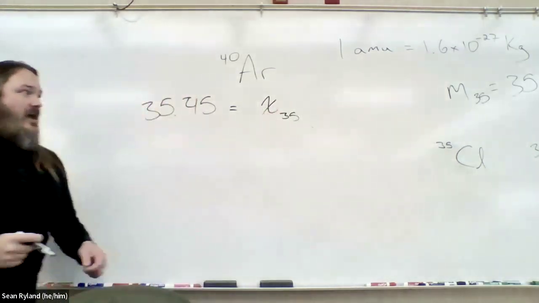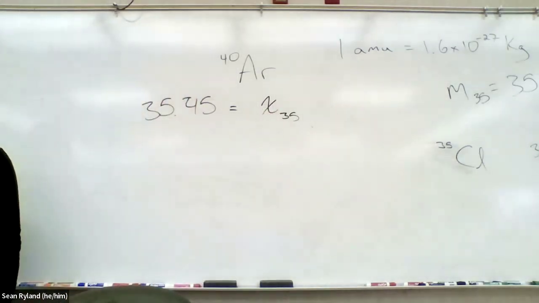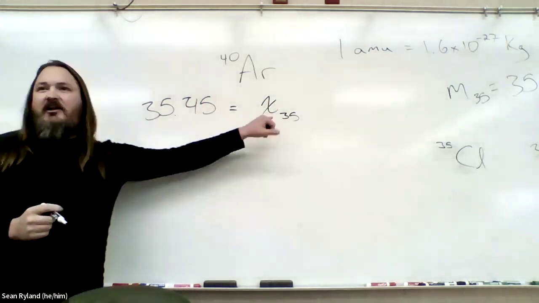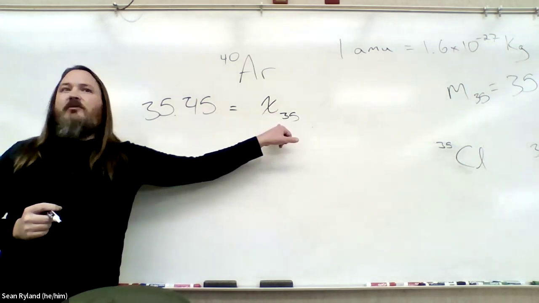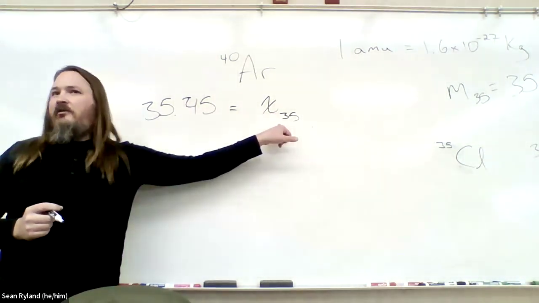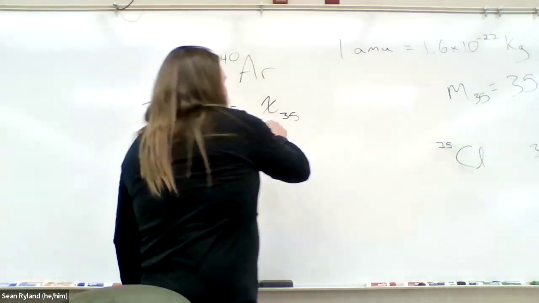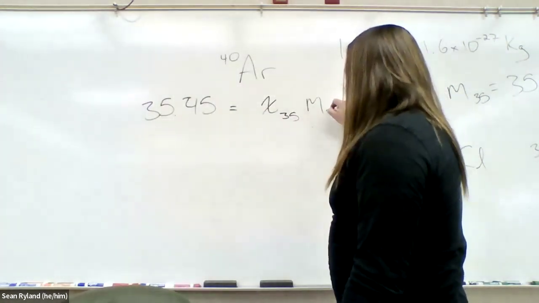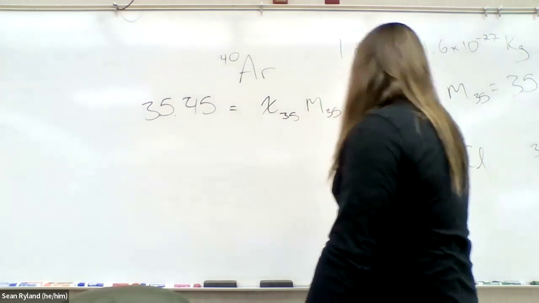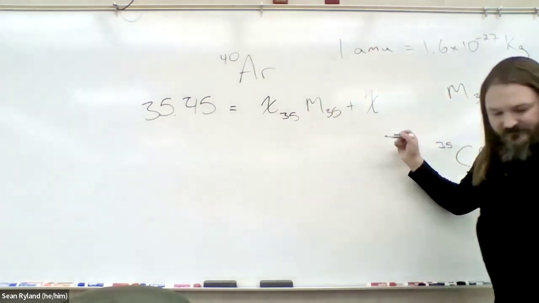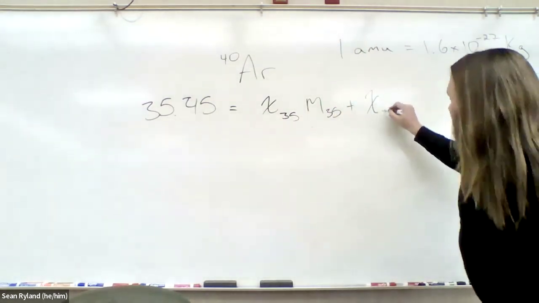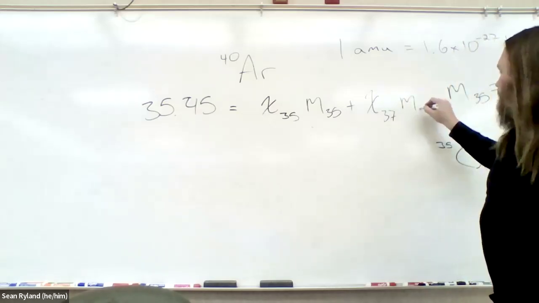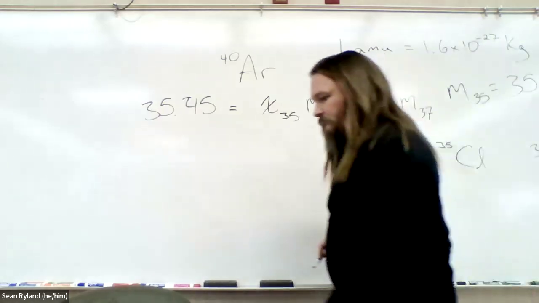this is not an X, it's a Greek letter chi that gets used in chemistry. It means mole fraction. Or in other words, what's the probability that if you grabbed an atom at random, it's chlorine 35. So the mole fraction of chlorine 35 times the mass of chlorine 35 plus the mole fraction of chlorine 37 times the mass of 37.